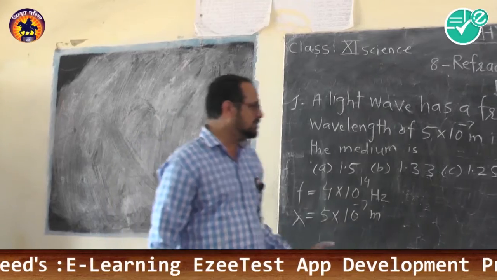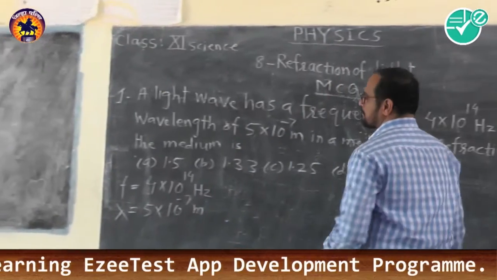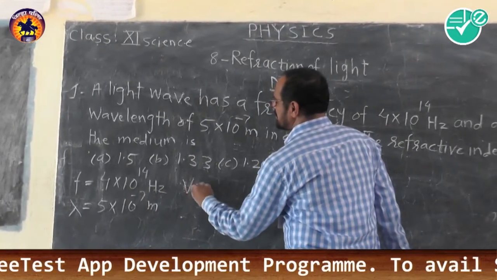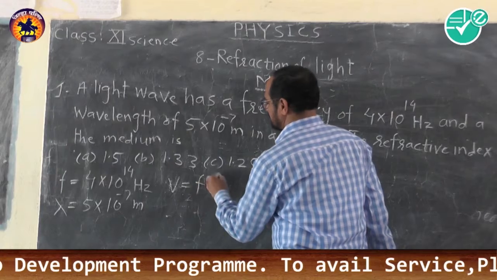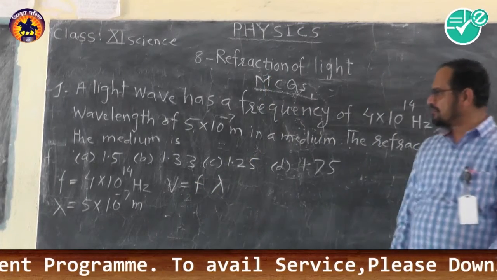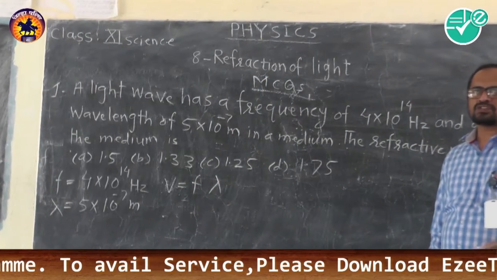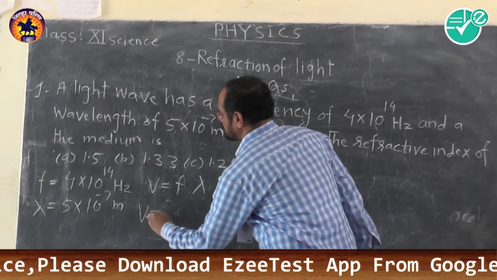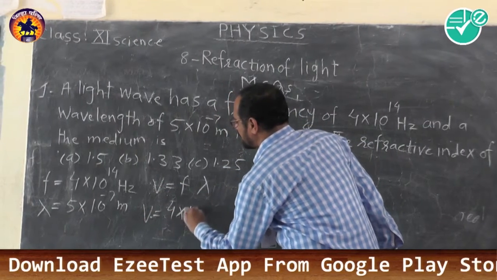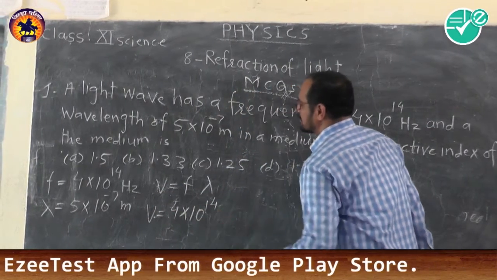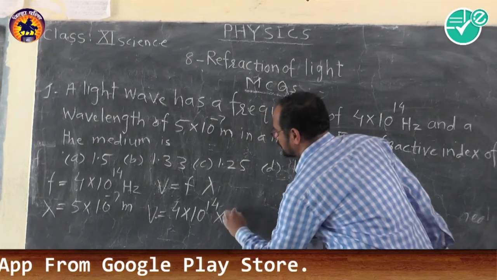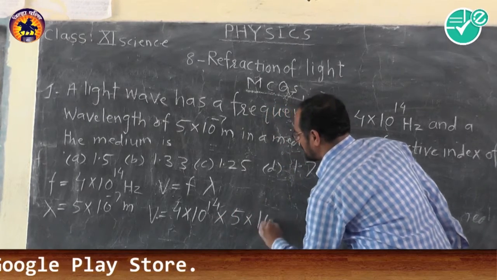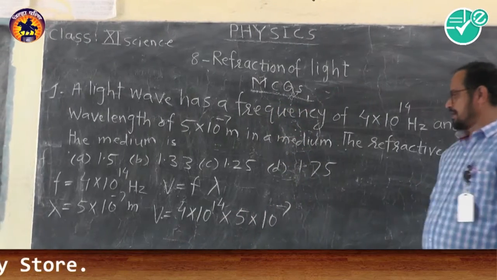So for that we know the equation V is equal to f lambda, and with its help we can obtain the velocity in the medium. So V is equal to 4 into 10 to the power 14 into 5 into 10 to the power minus 7.